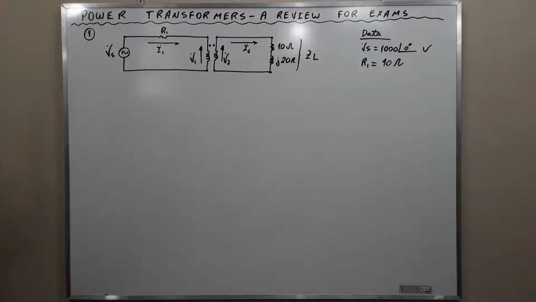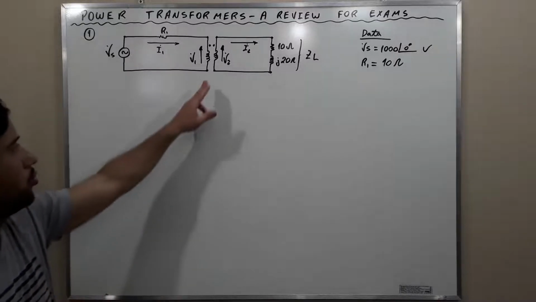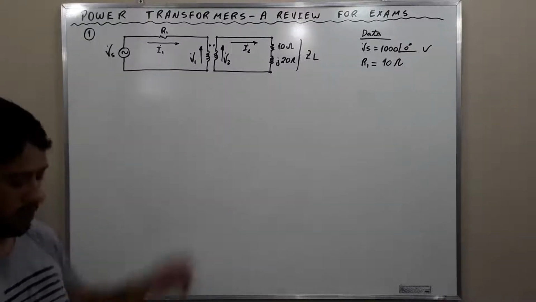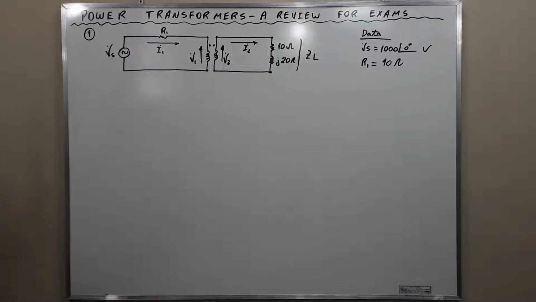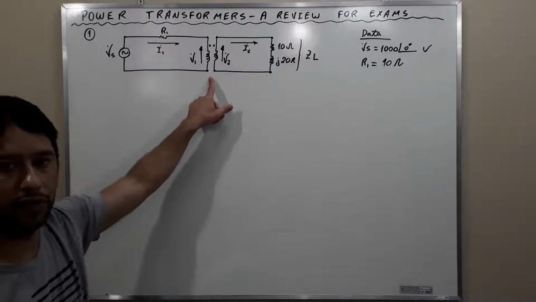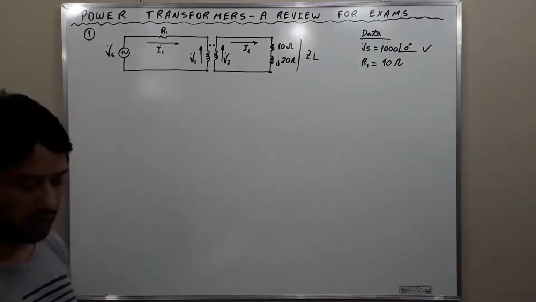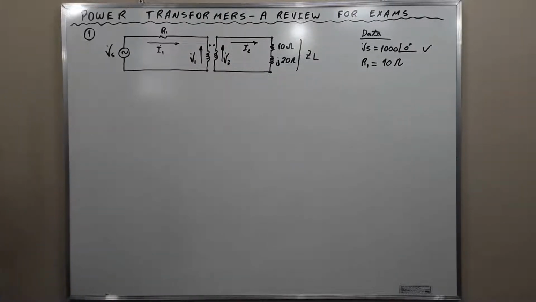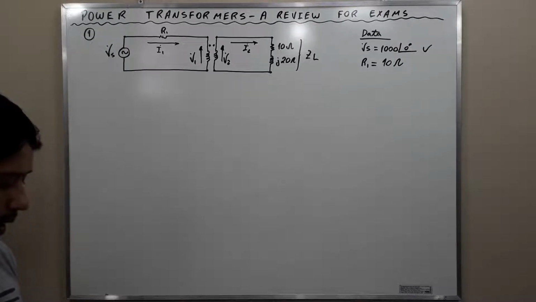When we are requested to consider a transformer as ideal, it means there will be no losses in the machine. This is what we are going to consider. So let's calculate all the voltages and the currents and the power delivered to the load.